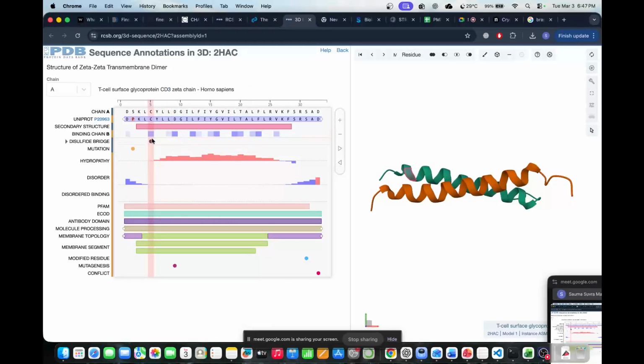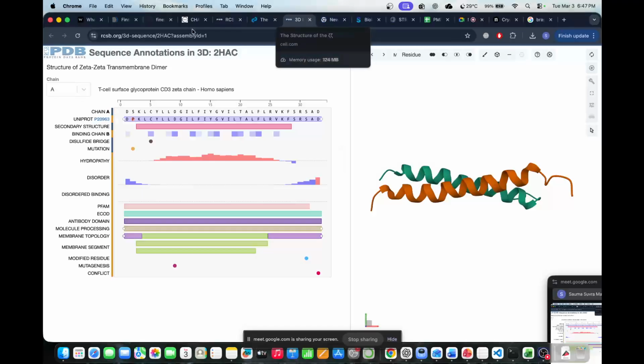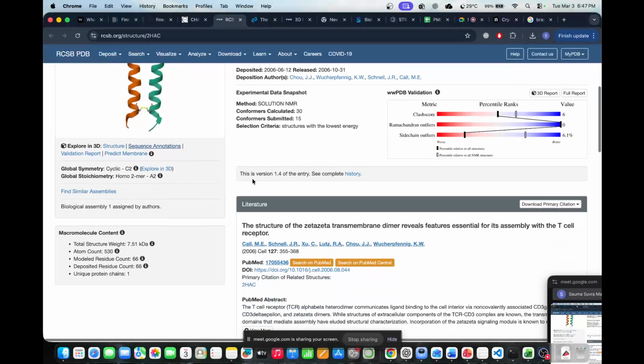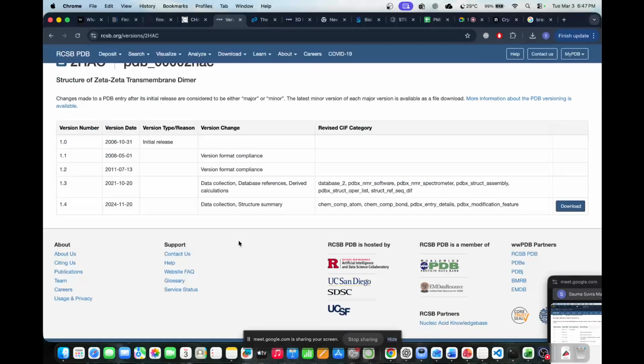And there is a disulfide bridge. See that red mark on the green structure. So basically, it tells you almost everything you need to know in terms of the protein itself. PDB is a very important resource, and it also tells you how many versions of this particular protein have been created.